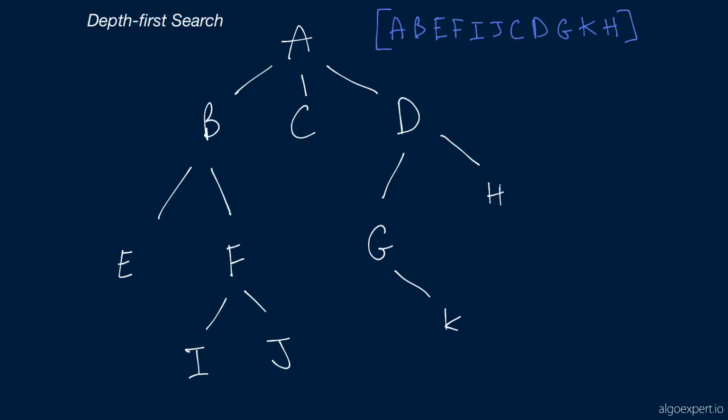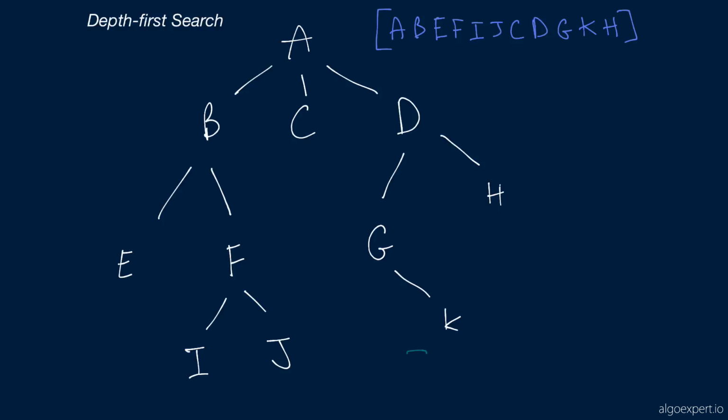And then for every child in its children nodes, we're going to call the depth-first search function and pass in the final array. So let me repeat that. For every node, we're going to add that node's name to the final array. And then for every child node that node has, we're going to call the depth-first search function and pass in the final array.